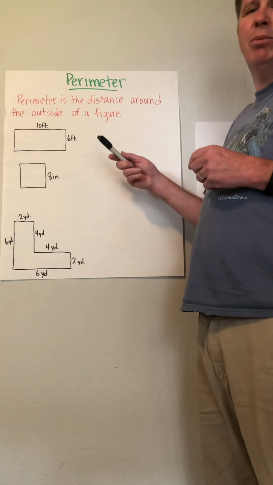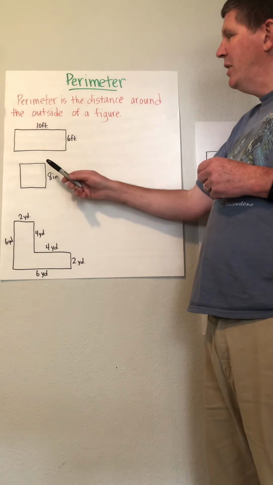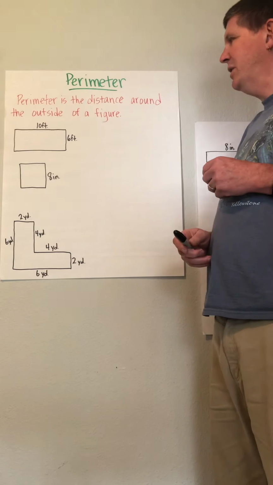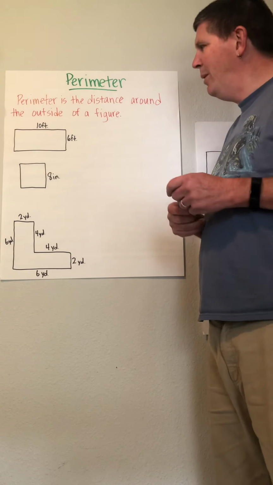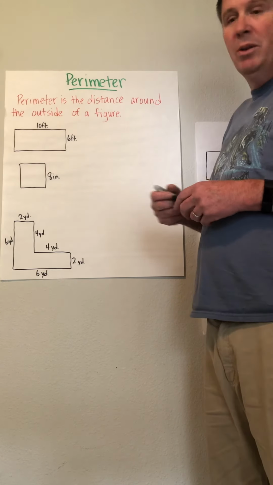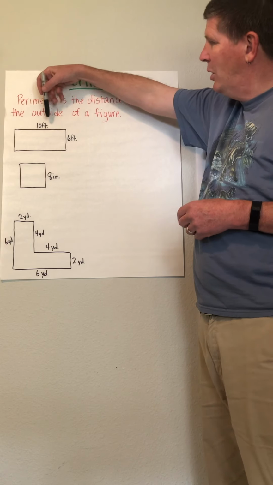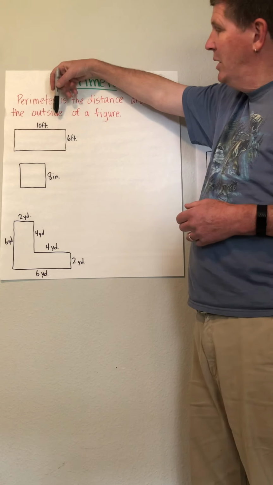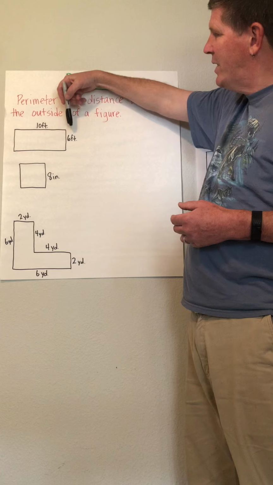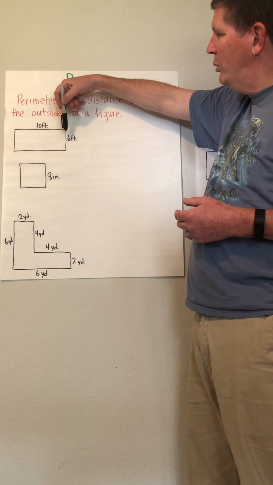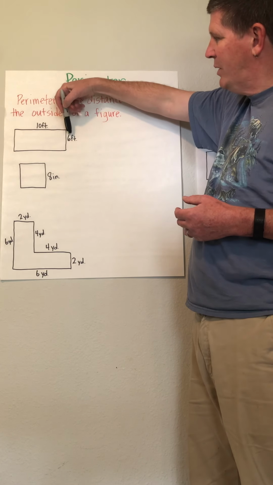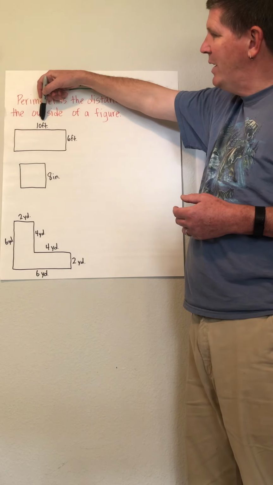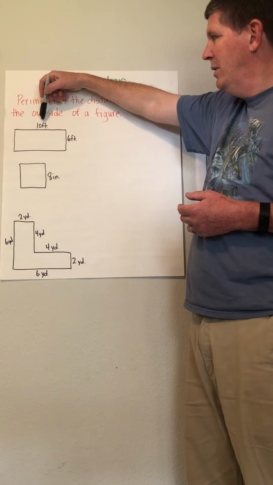Today we're going to look at perimeter based on different polygons. Now with perimeter, what you need to know is how long the sides are. So for example, in this rectangle, we need to know that this side is 6 feet, that this side is 10 feet.